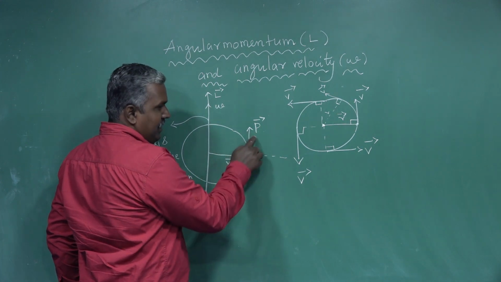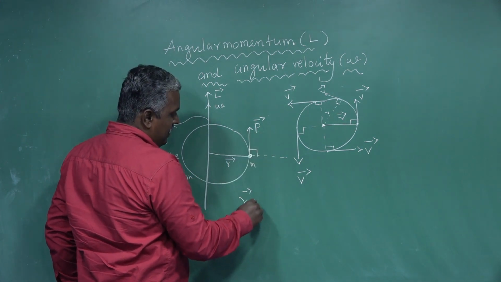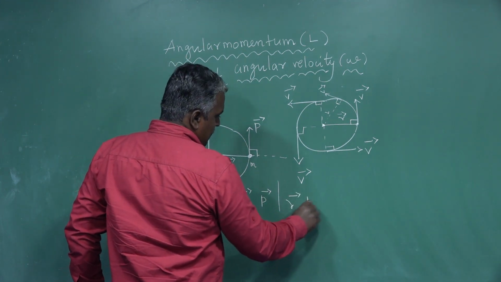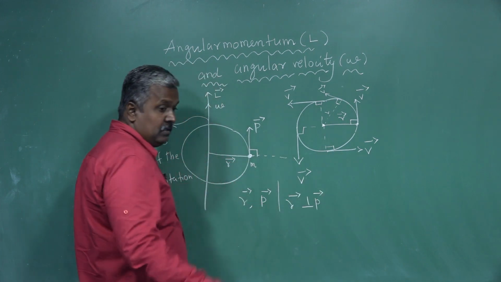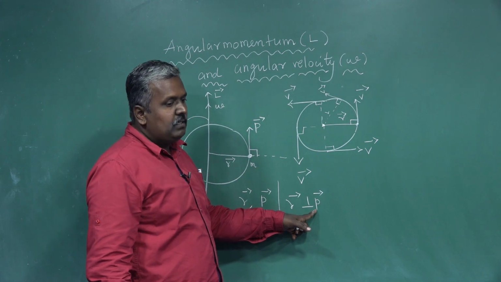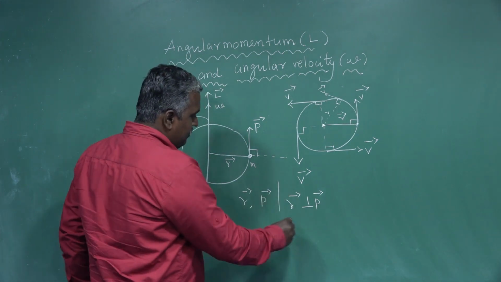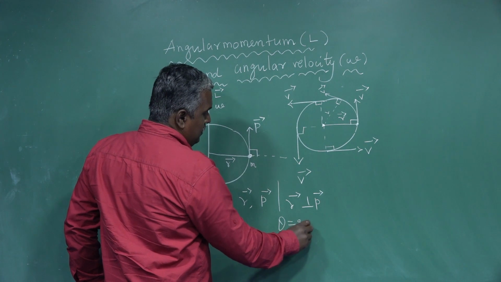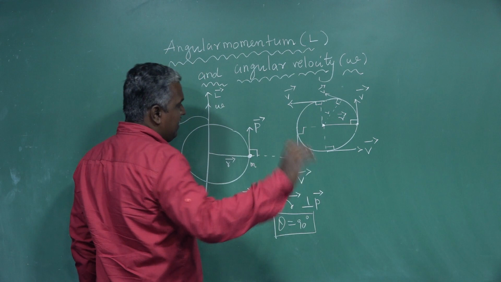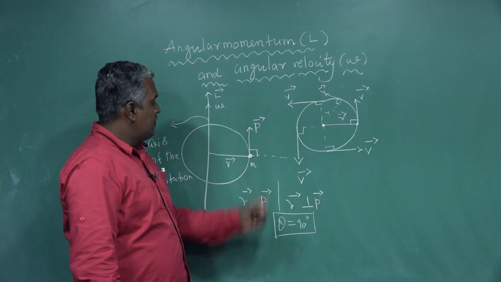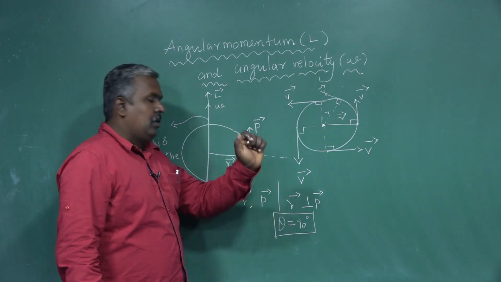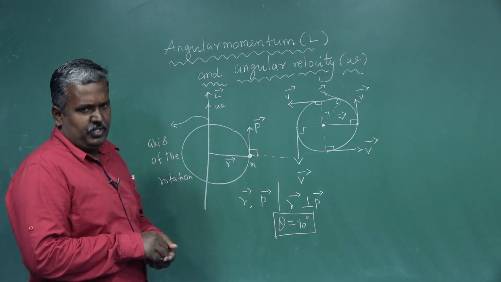The angle between R vector and P vector is compulsorily perpendicular to each other. Theta is equal to 90 degree, that's all. So the angle between R vector, the radius vector, and P vector is 90 degree.